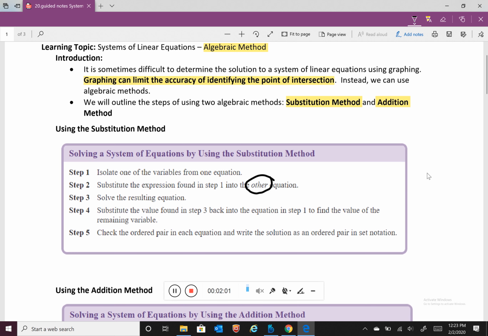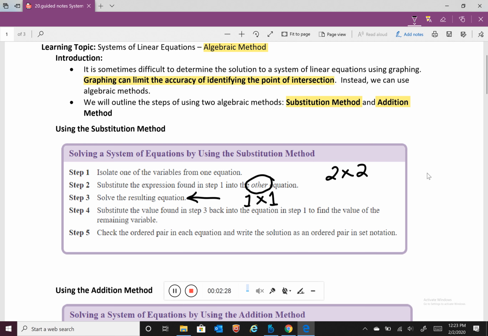You will then be able to solve the resulting equation because you have gone from having two equations with two unknowns, also known as a 2x2, to now creating a 1x1, one equation with one variable, and that is not absolute value right there, 1x1.